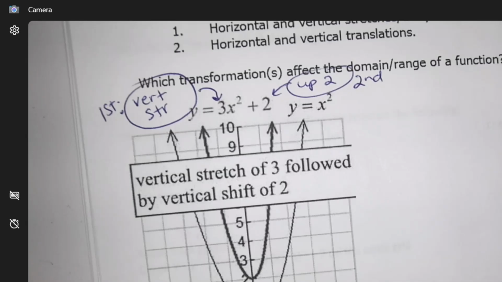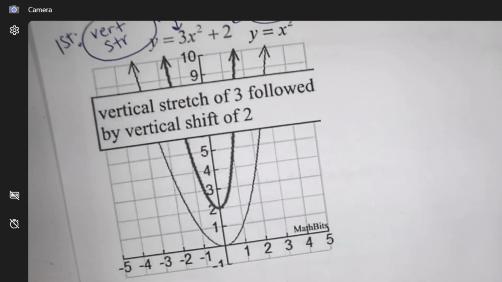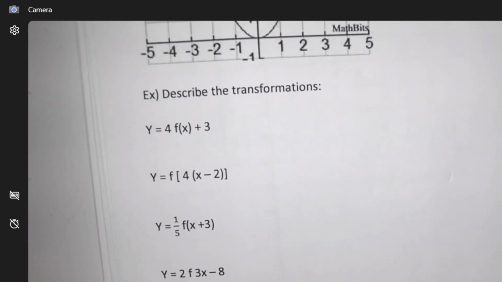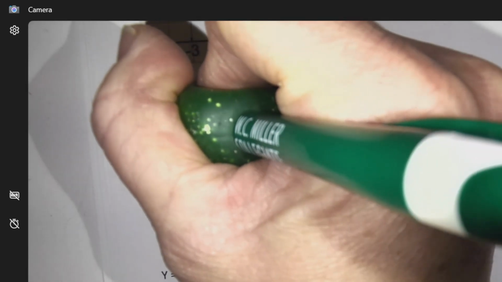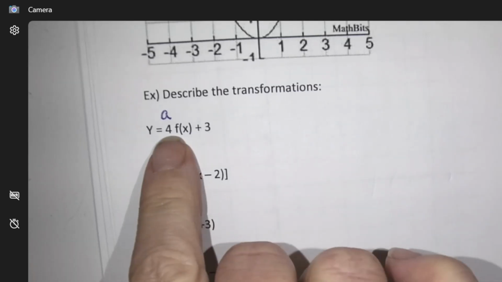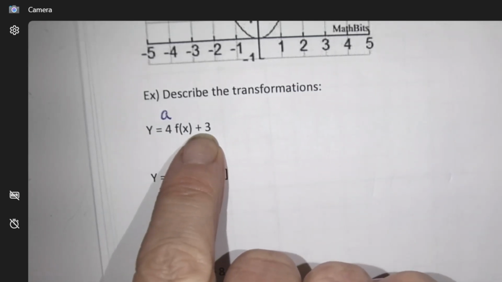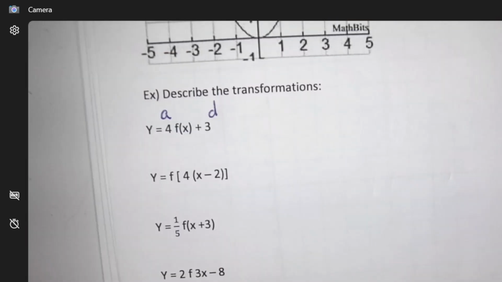All right, so let's pick out some of these names. Can you identify these numbers in here as A, B, C, or D? I'll do the first one. I'm going to put a 4 as an A value, and then this plus 3 is a D value.